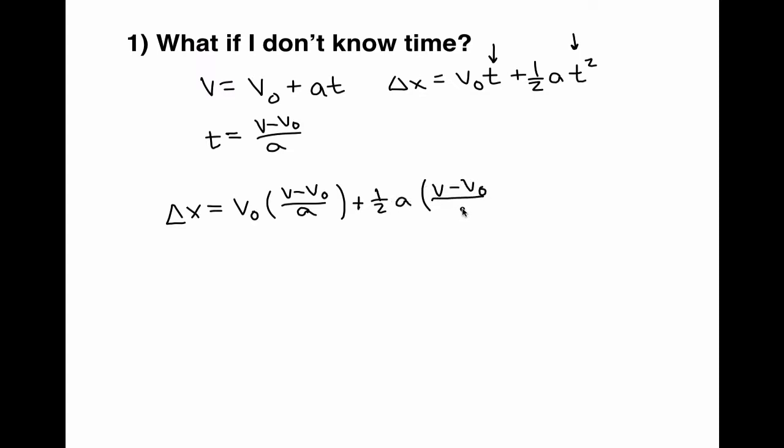And if I do a little work, and it's worth the effort, I'll come up with a new equation. This doesn't look very useful as it's written right now, but what I can do is distribute v naught here and then square the contents of this parentheses here. So if I do that, I'm going to get something that looks like this.